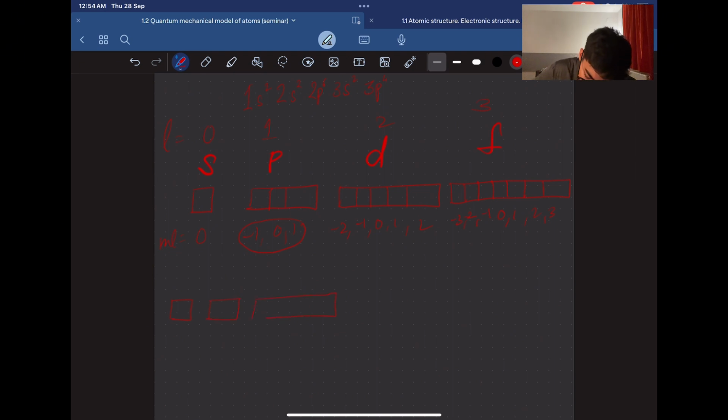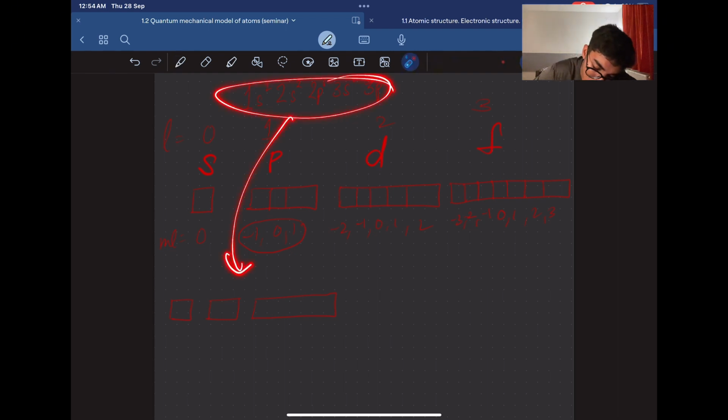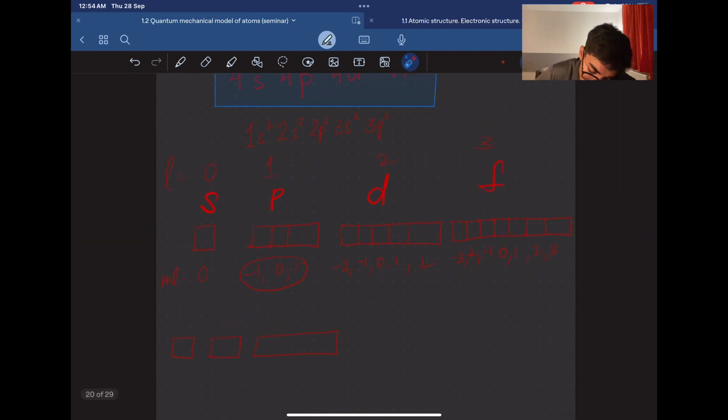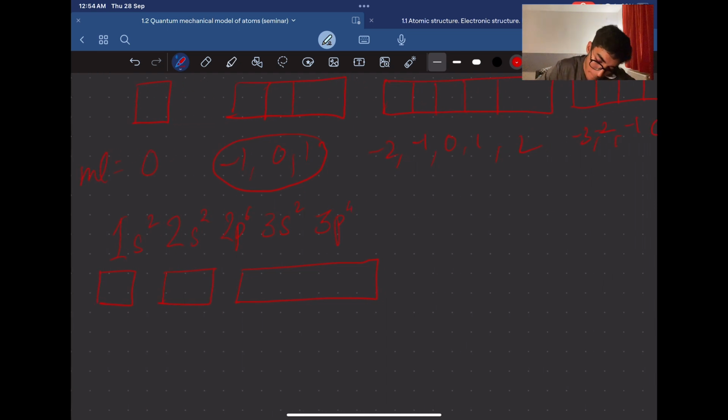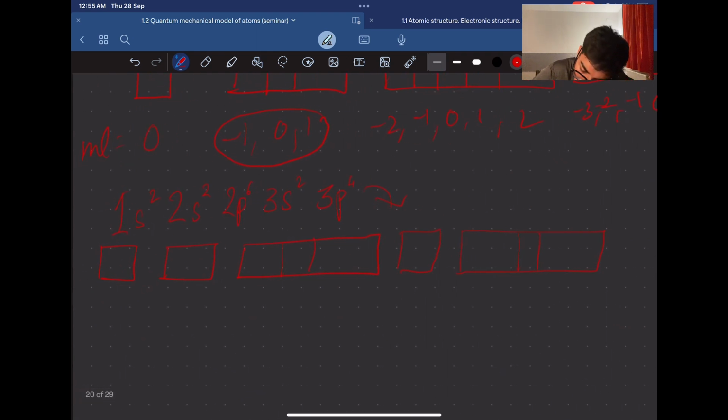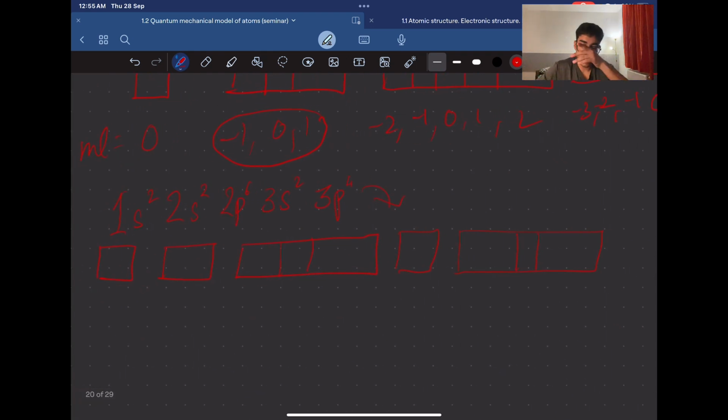Then for 2p, we're going to draw 3 boxes. For 3s, draw another small box. For 3p, draw another 3 boxes. Now let's start filling these electrons.